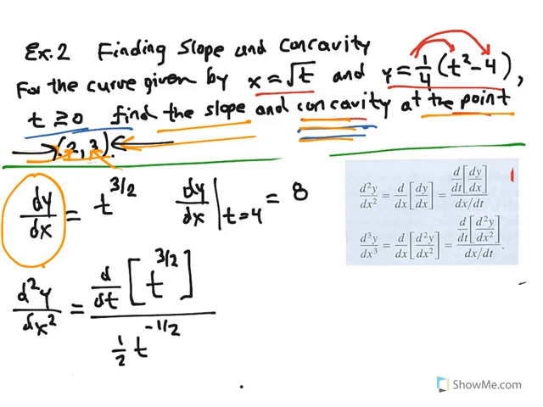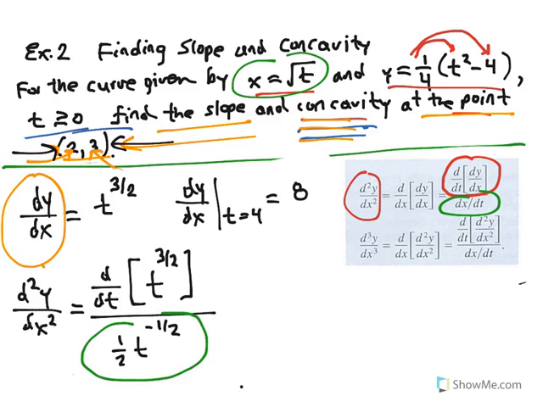So we're using this formula here to find the second derivative. It is the derivative with respect to t of the first derivative divided by dx/dt. Now dx/dt is 1/2 times t to the negative 1/2. And in the numerator, we have to find the derivative with respect to t of the first derivative.